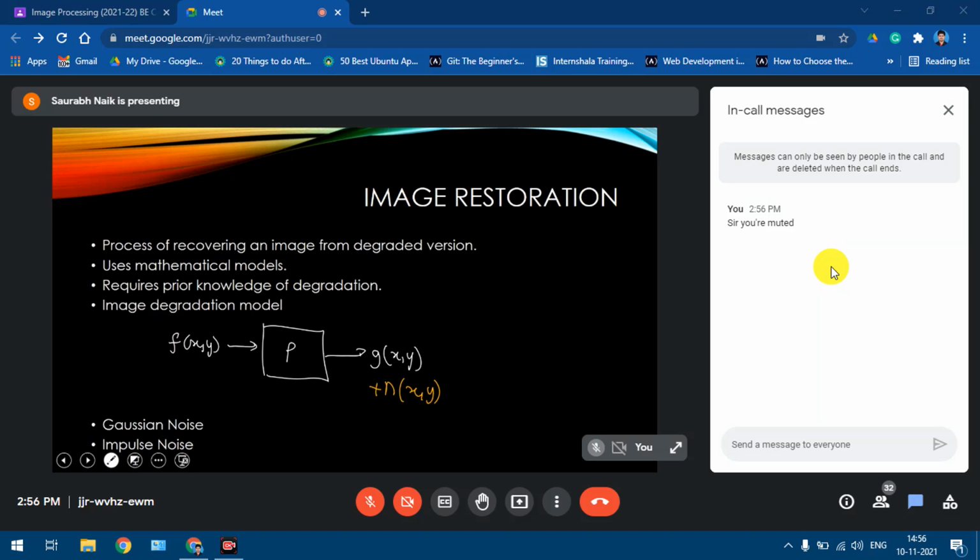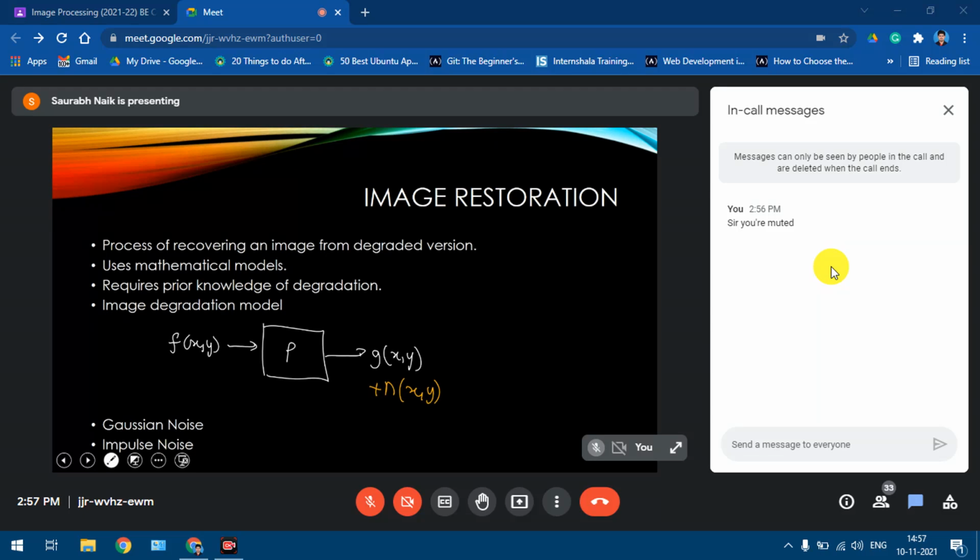So the output of image restoration is an approximation of this f of x comma y.